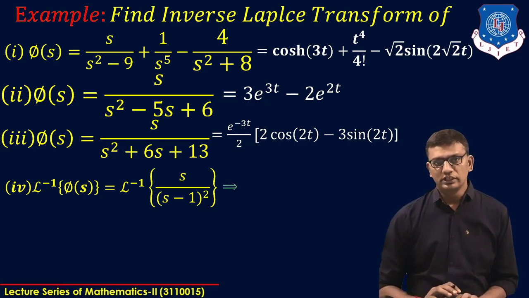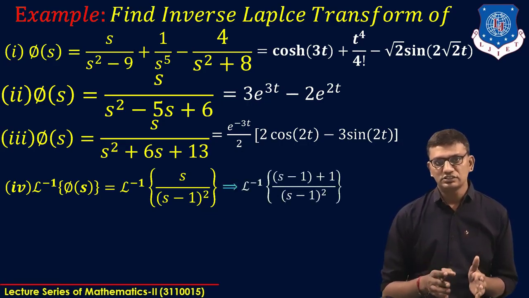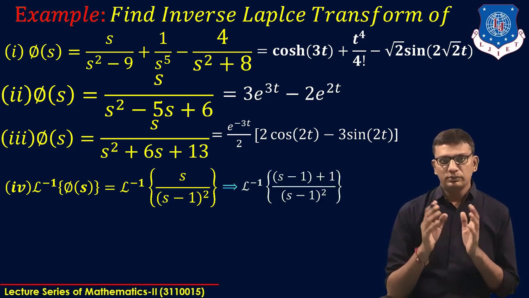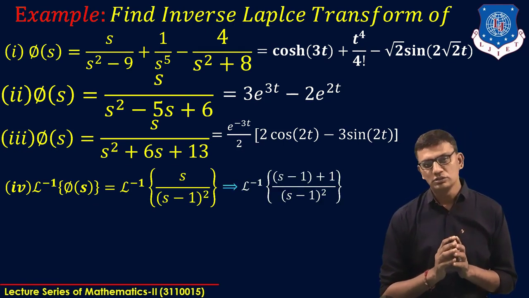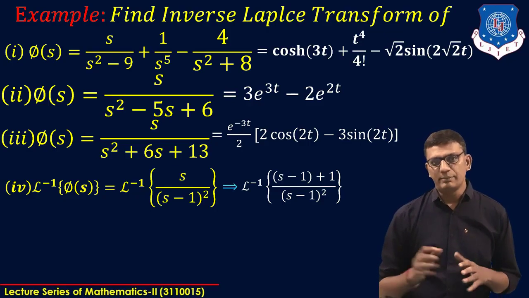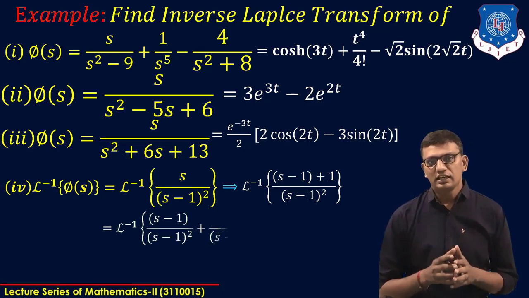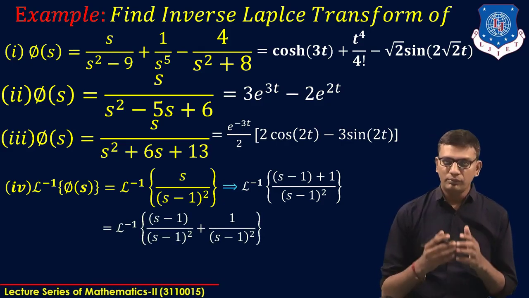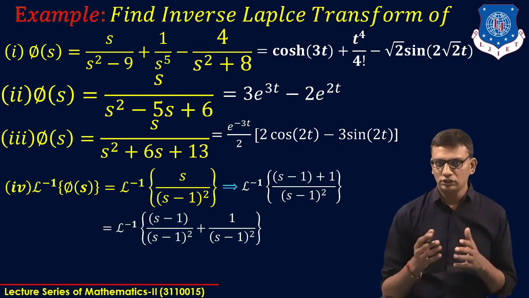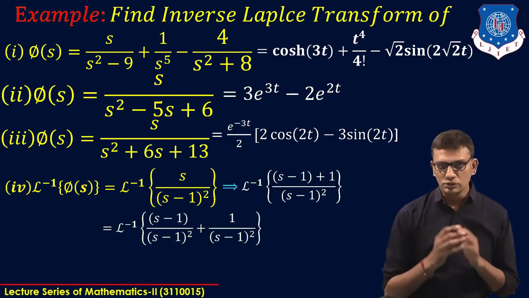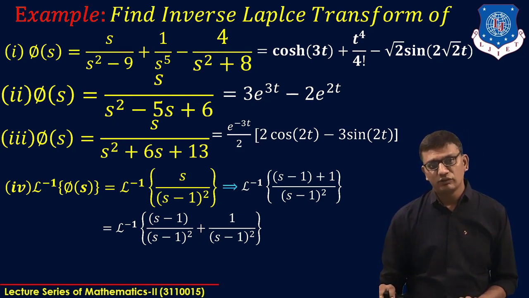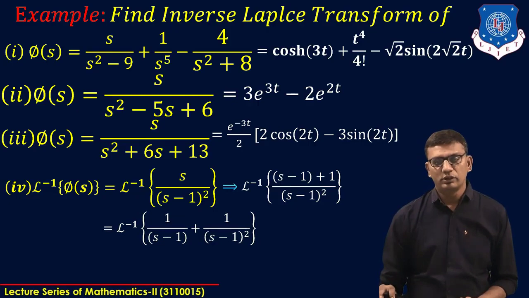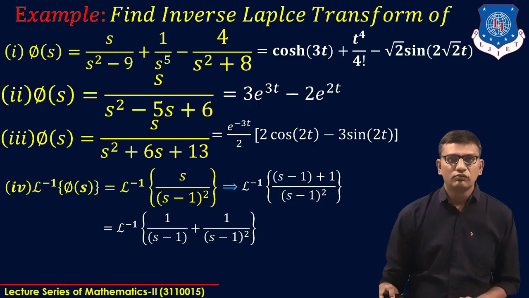It can be rewritten as L inverse of (s minus 1 plus 1) upon (s minus 1) whole square. Now we separate and get L inverse of (s minus 1) upon (s minus 1) whole square plus 1 upon (s minus 1) whole square. In this case we cancel the s minus 1 and we get 1 upon s minus 1 plus 1 upon (s minus 1) whole square.